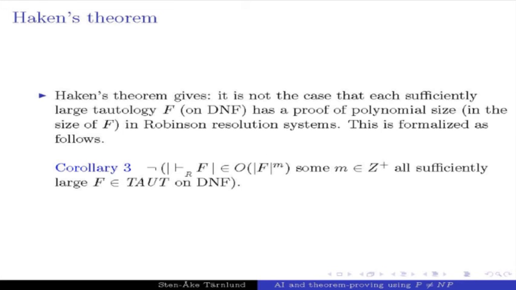Okay, now we have this Hawkins result, and what he says is that it's not the case that all sufficiently large tautologies F on DNF have a Robinson resolution proof in polynomial size. That is what he says, and that is a well-known result. So this is essentially Hawkins' theorem that I have expressed in Hilbert's proof theory.